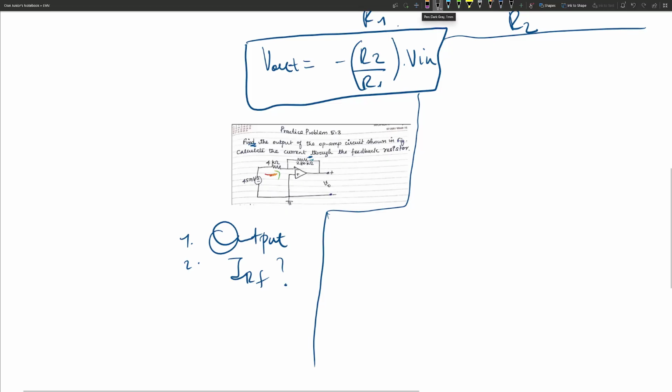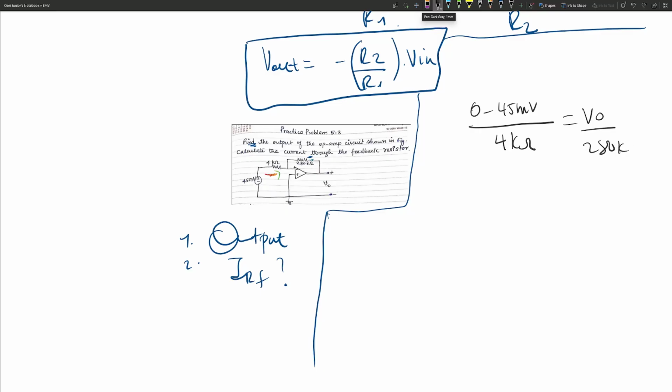So IR1 is equal to IR2, so you can say 0 minus 45 millivolts divided by 4 kilo ohm is equal to V0 divided by 280 kilo ohm. Meaning V0 is equal to minus 45 millivolts divided by 4 kilo ohm times 280 kilo ohm.